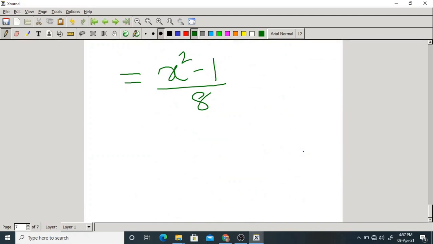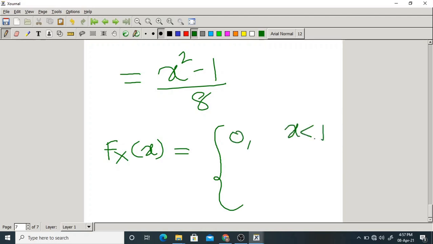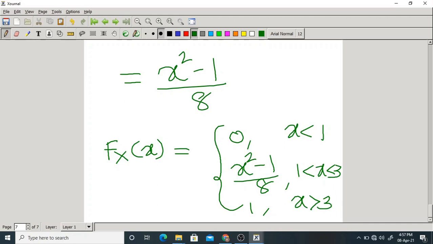Now finally, what you can write is fx of x equal to 0 if x is less than 1, x square minus 1 by 8 if it is between 1 and 3, and 1 if it is more than 3. So if you do differentiation of this, what do you get?